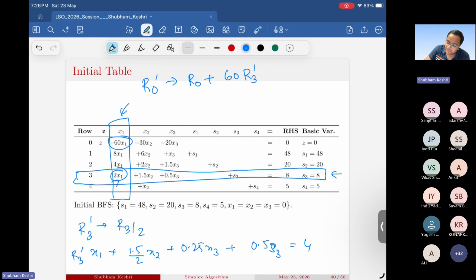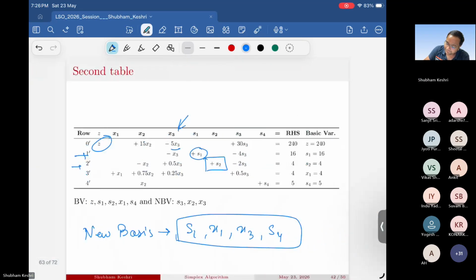You multiply this by 60 and add it to row 0. In that case, this will become 0. Once you do that, 4 times 60 is 240, and that will become the objective function value in the second table, 240. And you see the coefficient of x1 has become 0. So you're just doing elementary row operations.